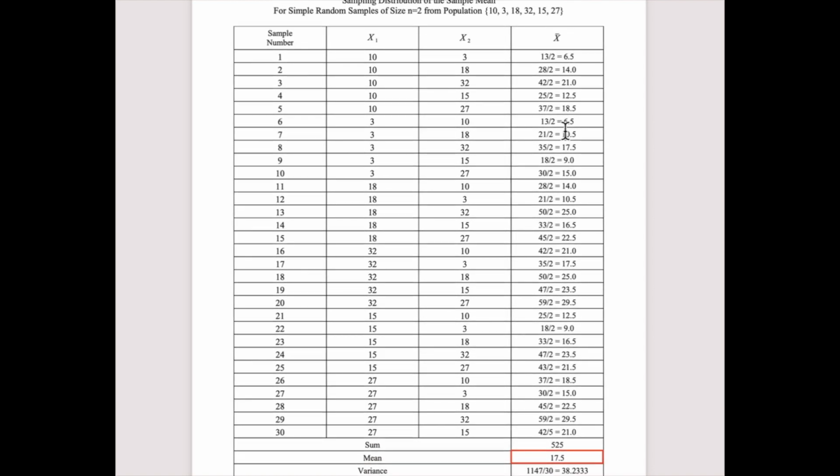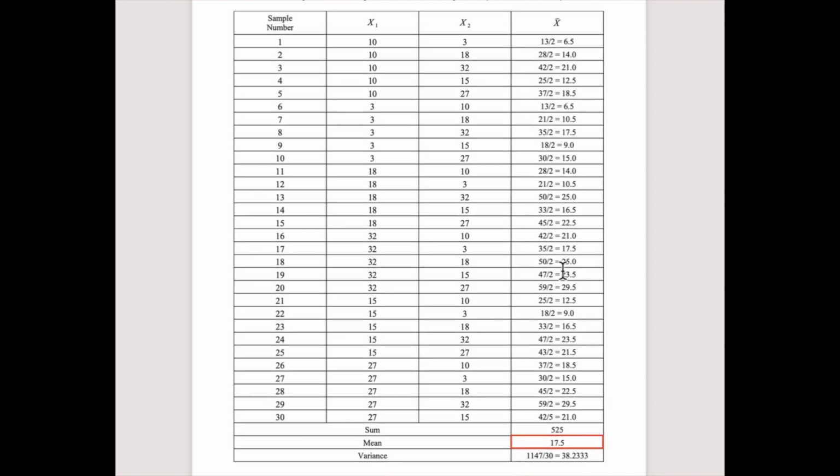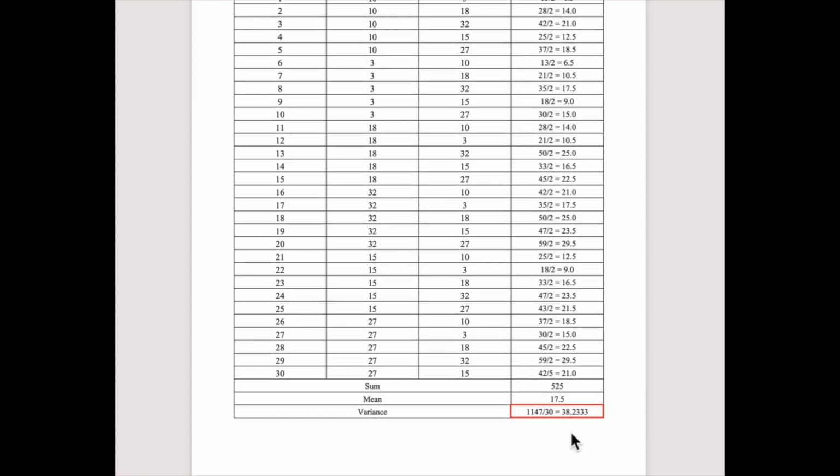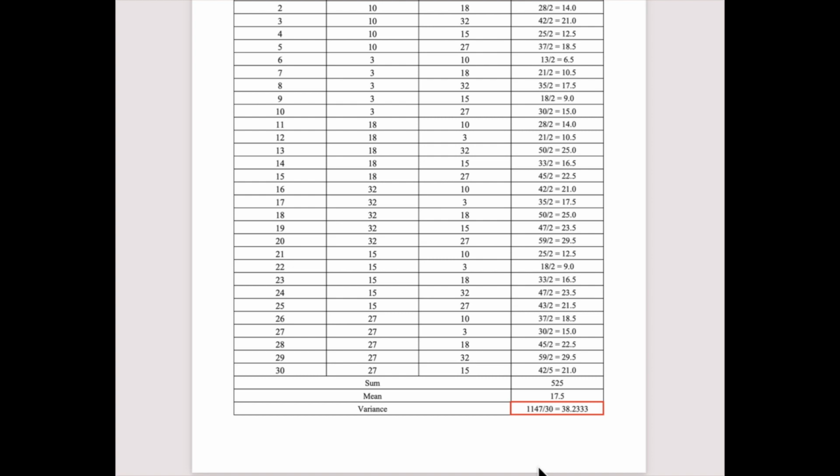Now, we can also calculate the population variance of this list of values. When we do that, we get 38.2333, and that's a rounded value. The population variance of that list of values is 1147 over 30.